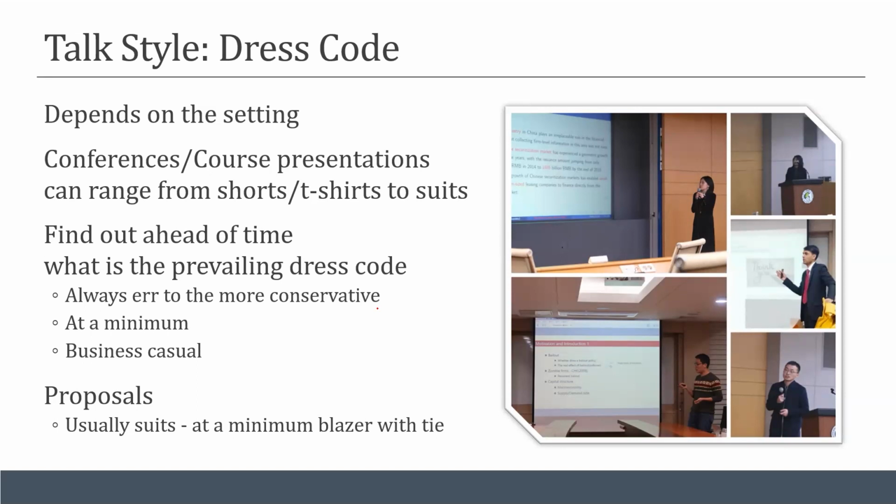Business casual is one of the most acceptable dress codes, so you should consider business casual. If you are presenting a proposal to an investor, for example, then usually you should wear a suit, at a minimum a blazer with a tie.